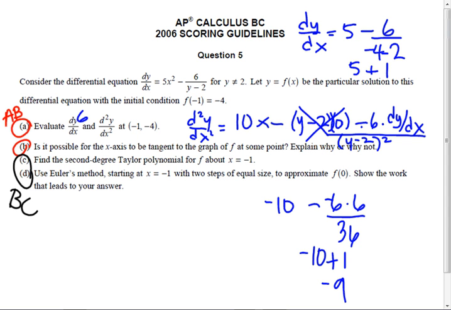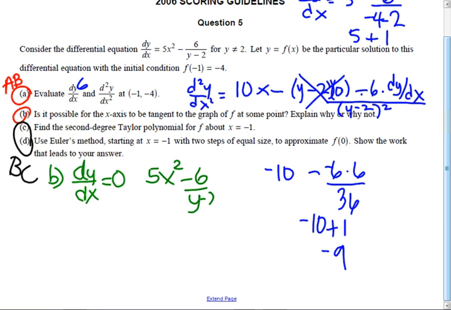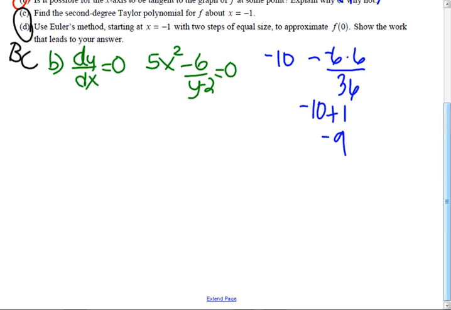Is it possible for the x-axis to be tangent to the graph of f at some point? If the graph is tangent to the function, what has to be true about the slope? It has to be 0. So dy/dx is 0. 5x squared minus 6 over (y minus 2) has to equal 0.